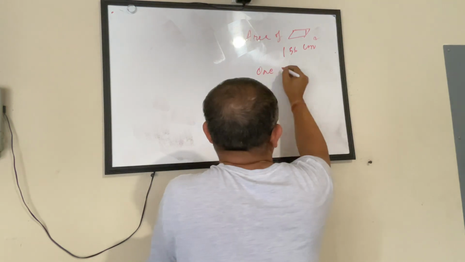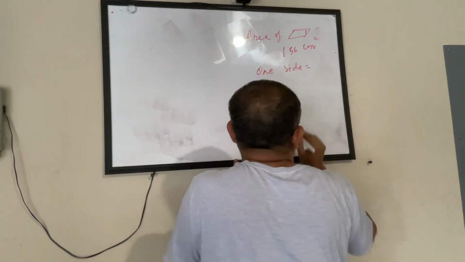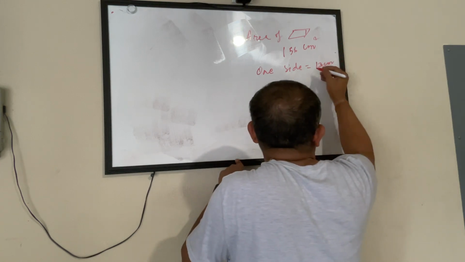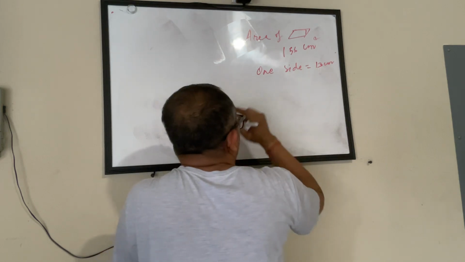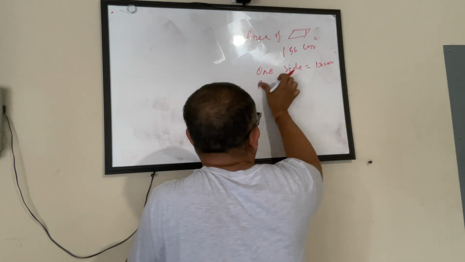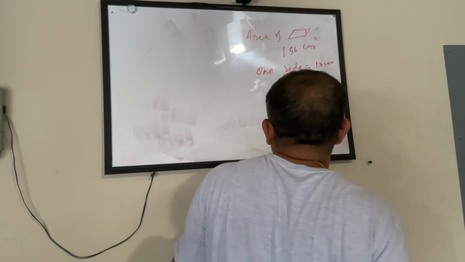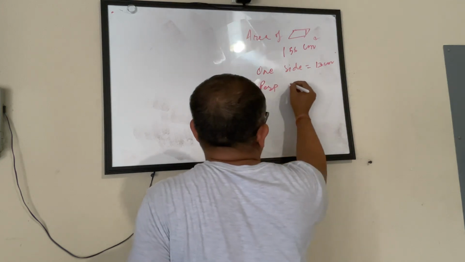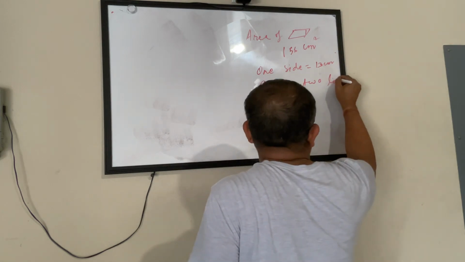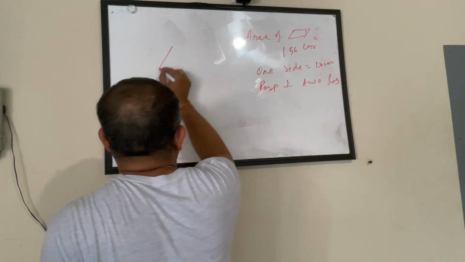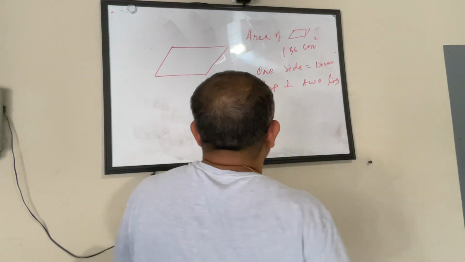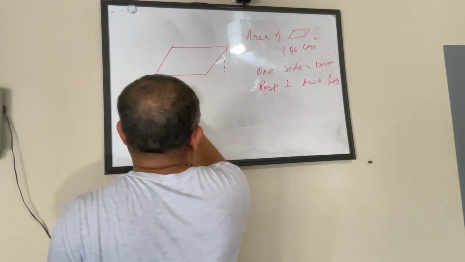One side equals 13 centimeters, and find out the perpendicular distance between the two lines, the distance between the two lines, and then also try to find out the perimeter of the rectangle that you can make with the same base.